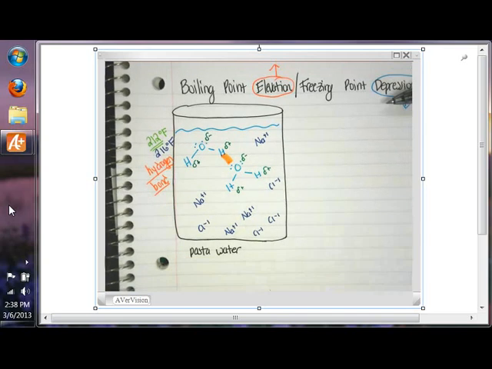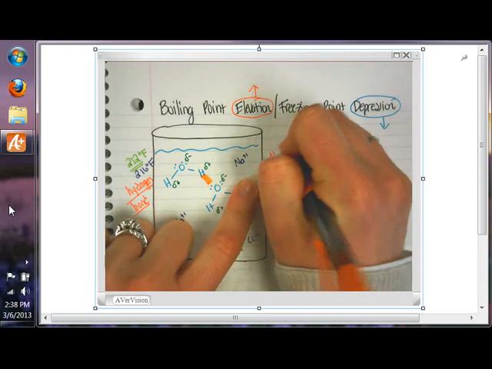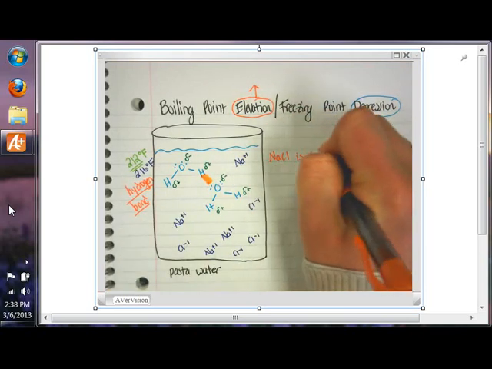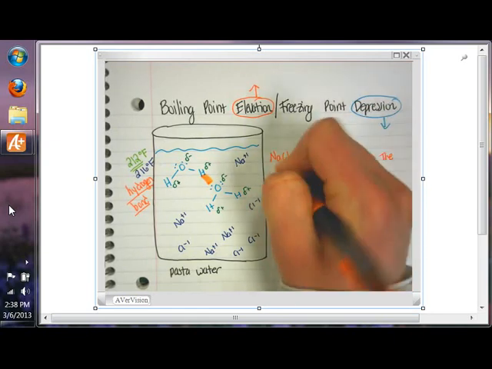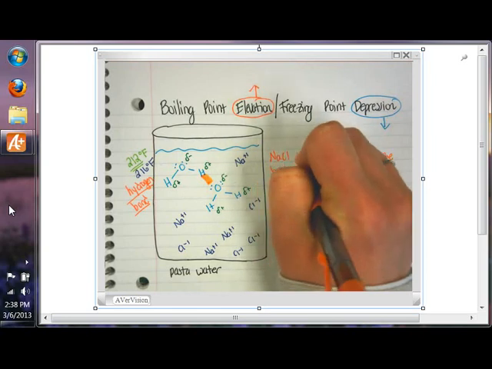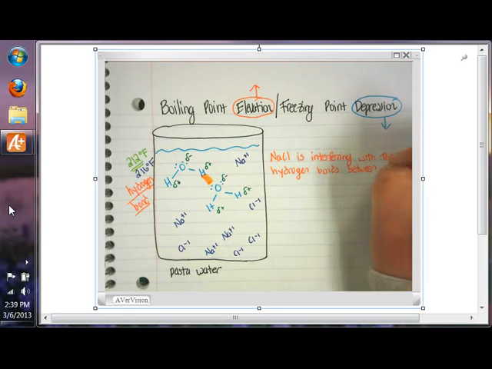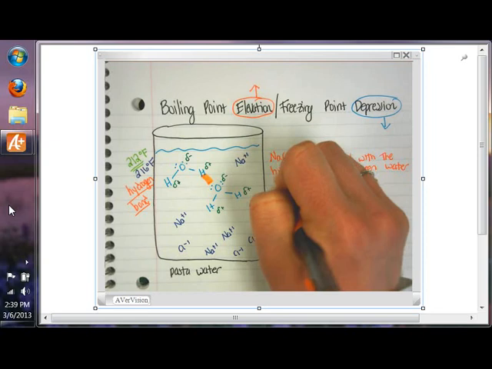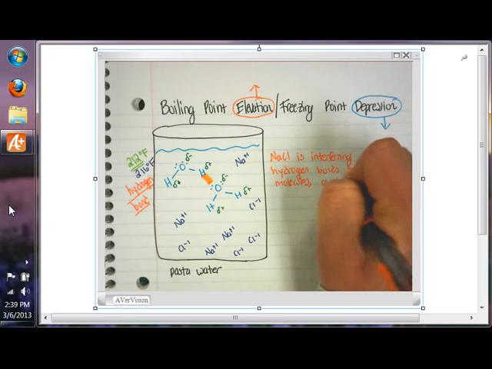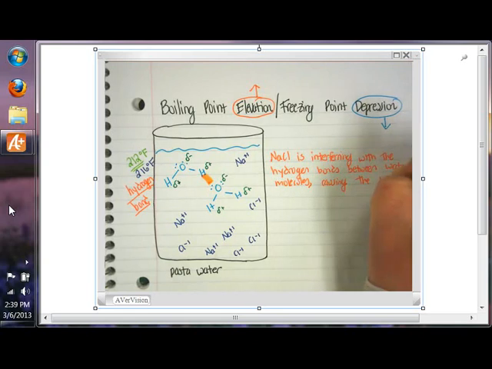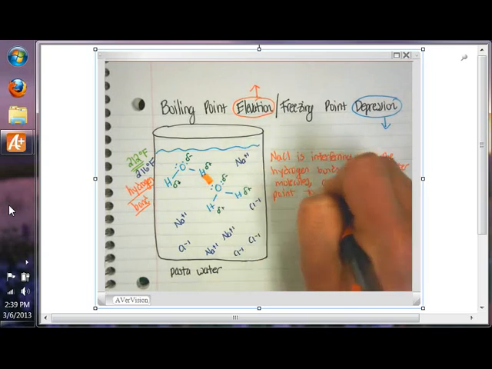So all that I just said, I'm going to write down on the side. NaCl, sodium chloride, is interfering with the hydrogen bonds between water molecules, comma, causing the boiling point to increase, period.